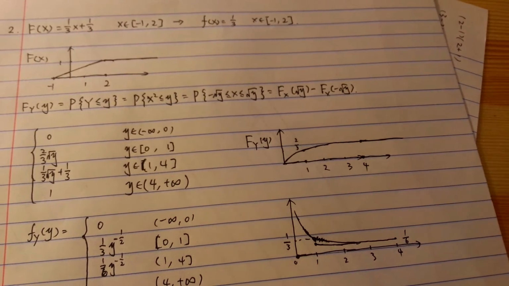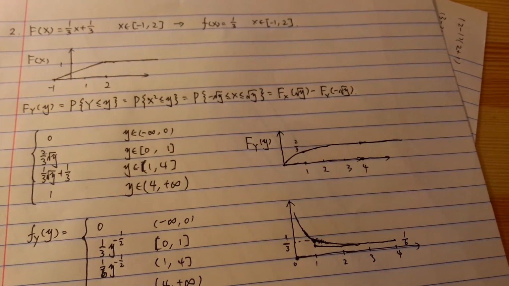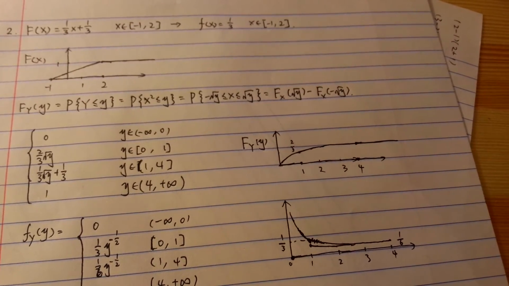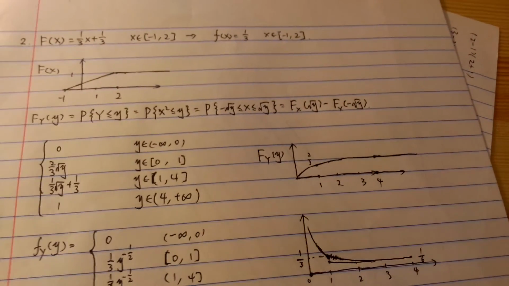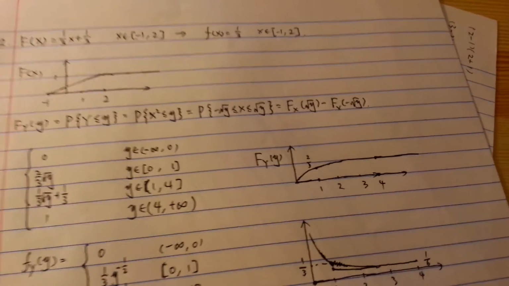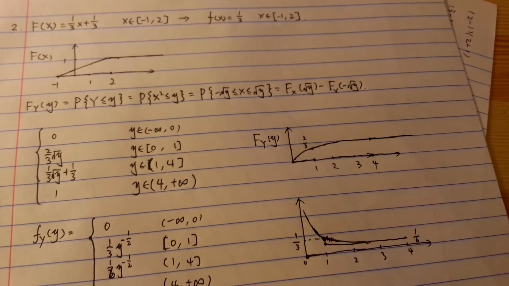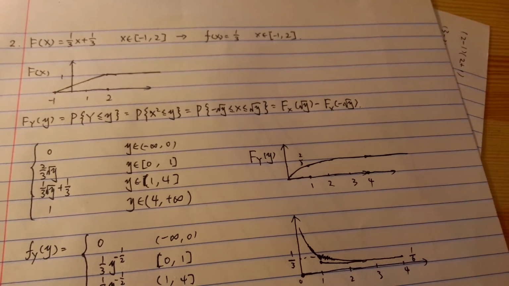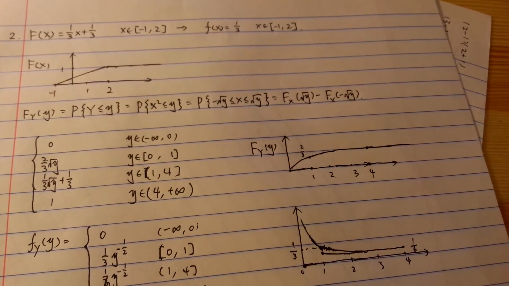What we get is that f(x) equals 1/3 when x is between minus 1 and 2, and the capital F(x) is just equal to 1/3 times x plus 1/3, and the figure of F(x) is on the paper.